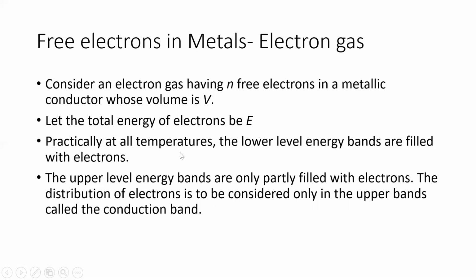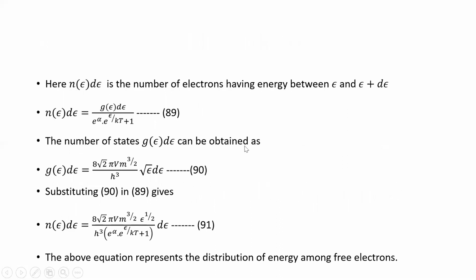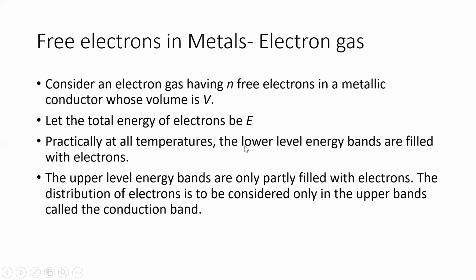Practically at all temperatures, the lower level energy bands are filled with electrons. I hope you studied the energy bands in conductors in your +2 classes. So for metals, the valence band and conduction band are overlapped.